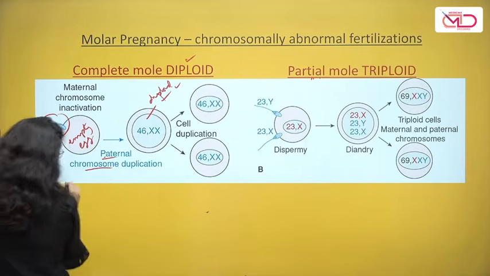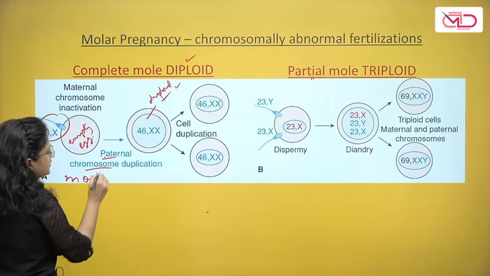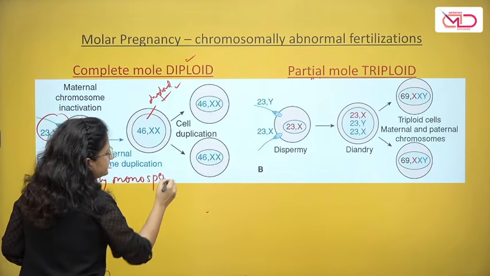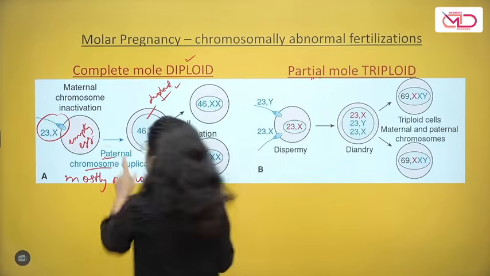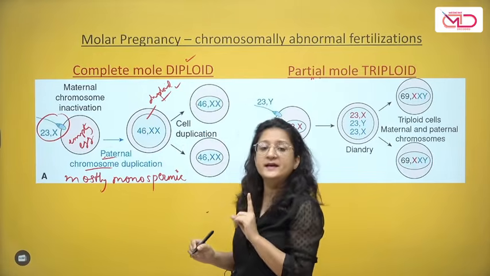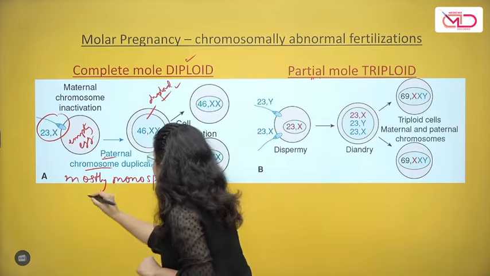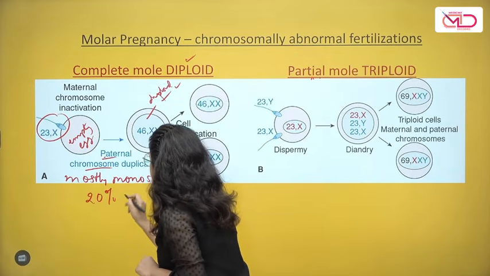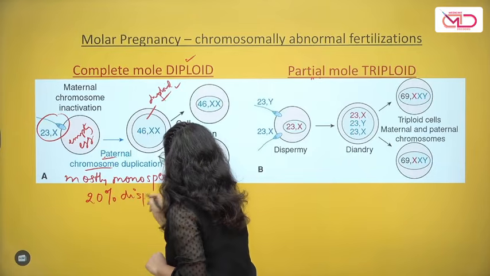Mostly they are monospermic. That means a single sperm fertilizes an empty egg. About 20% of the times, it can be dispermic also.